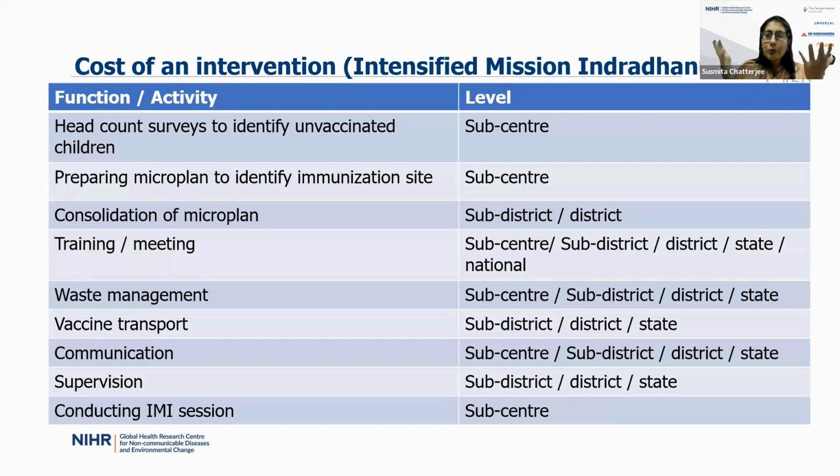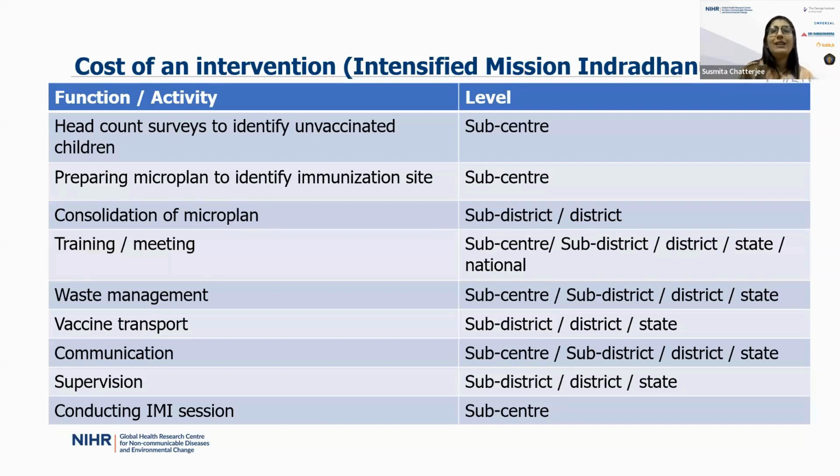Because that needs to be pulled up at the district level. Then there will be training, meetings, waste management, and vaccine transport. There will be communication. When I say communication, it's letting people know that we are doing this new activity to vaccinate your child, come and get your child vaccinated. So you have to let people know, right? Those are the communication activities.